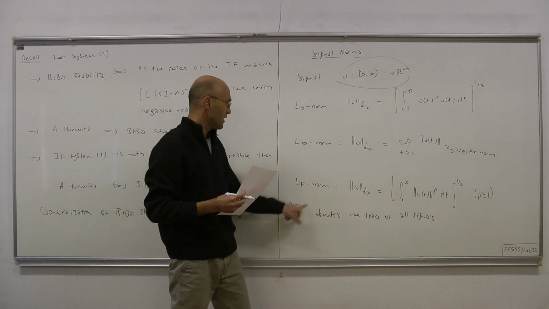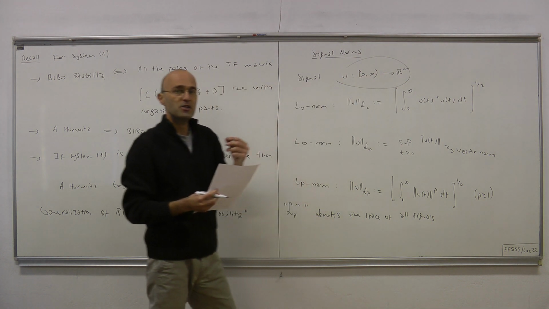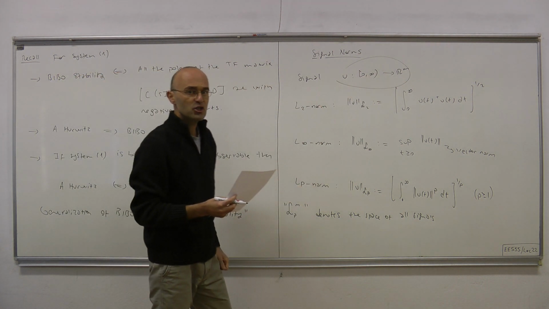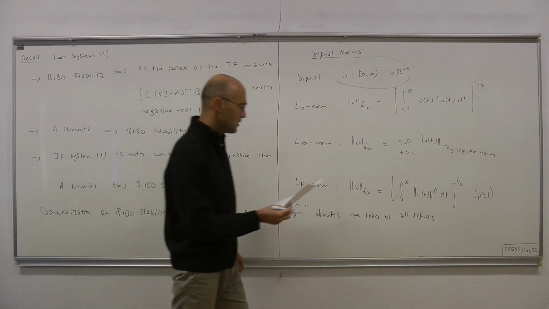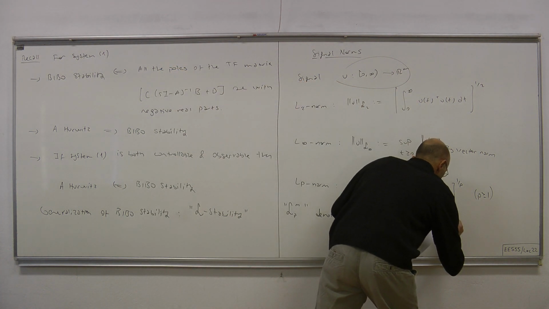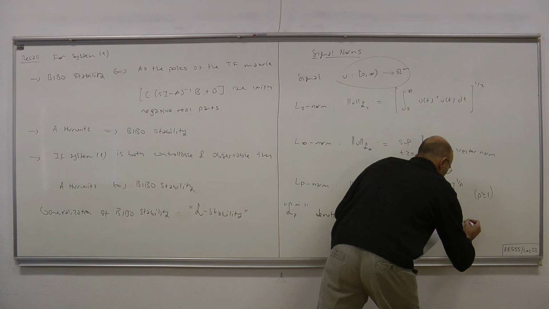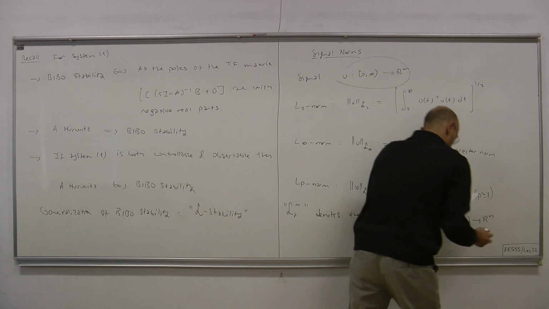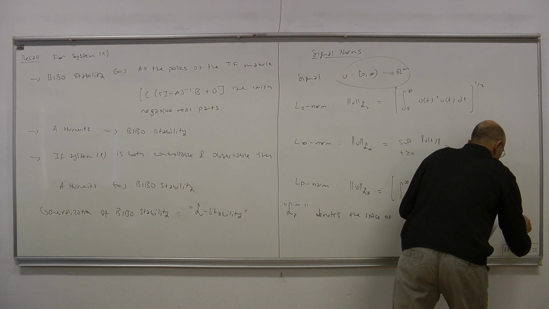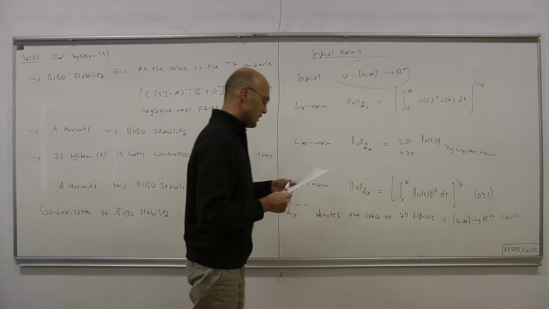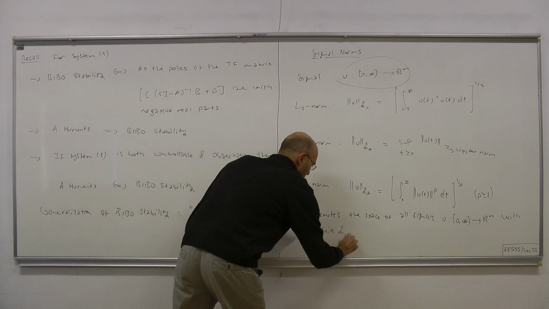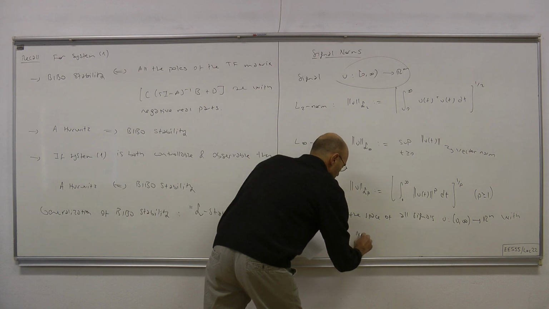So this n is the dimension of the space where the value of the signal at each time resides. And with finite, okay, so that's important, finite Lp norms.